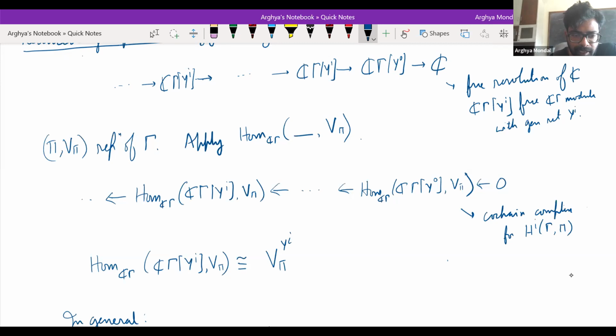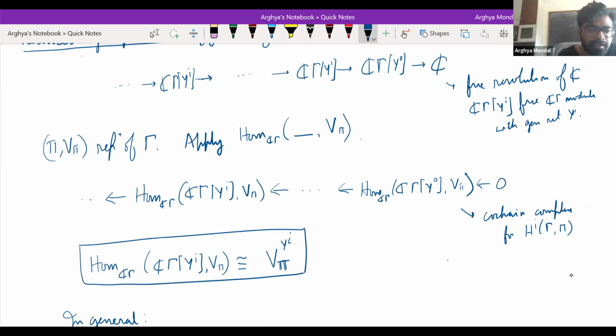Such a homomorphism is determined by its values on the generating set, so I can think of this homomorphism group as just maps from the generating set Yi to V pi. So this is V pi to the power Yi, meaning so many copies of V pi. And since I have a unitary representation, this gives me a product topology.